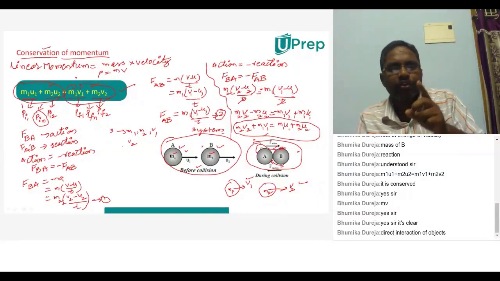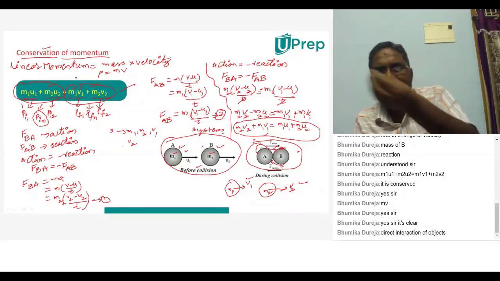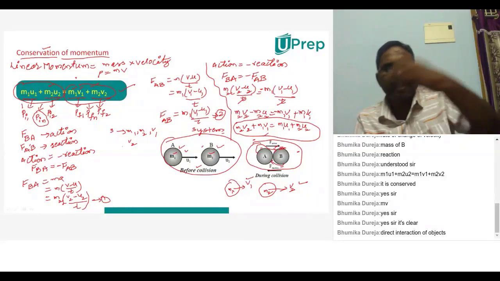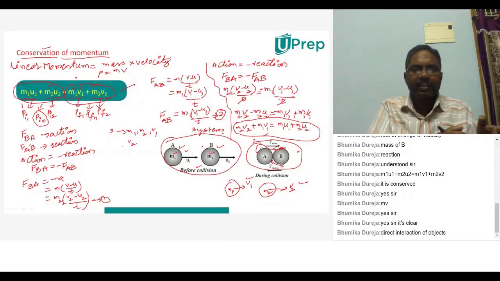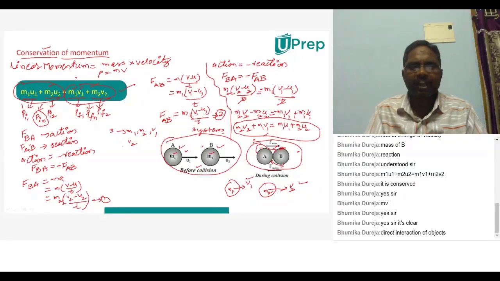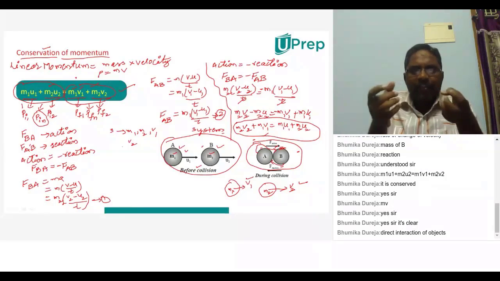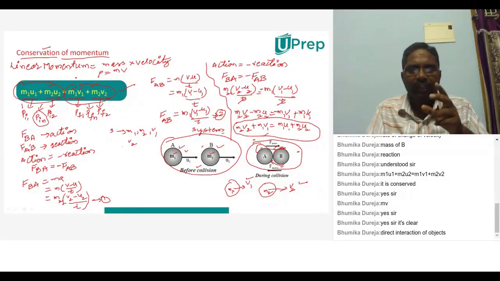But remember, the total momentum of the system will remain constant, but the momentum of the objects will keep changing. Maybe the first object's momentum may increase, and at the same time the second object's momentum may decrease. If there is an increase in the momentum of the first object, there will definitely be a decrease in the momentum of the second object to keep the total momentum constant. So that is what you have to understand.